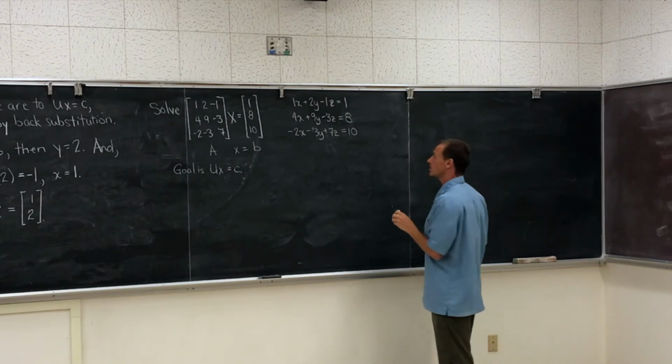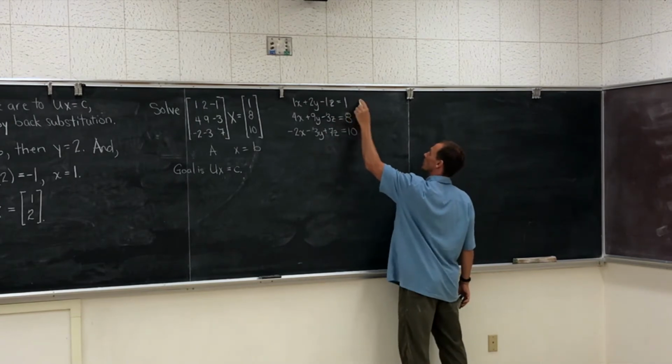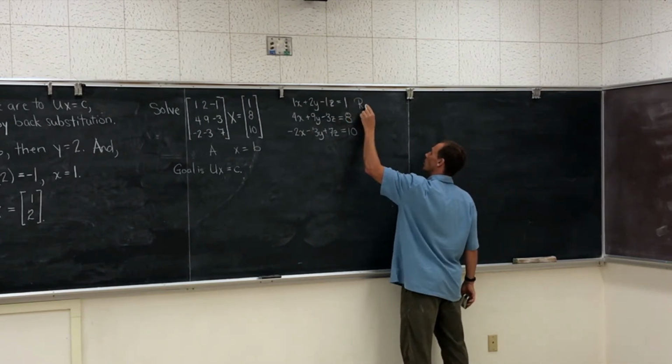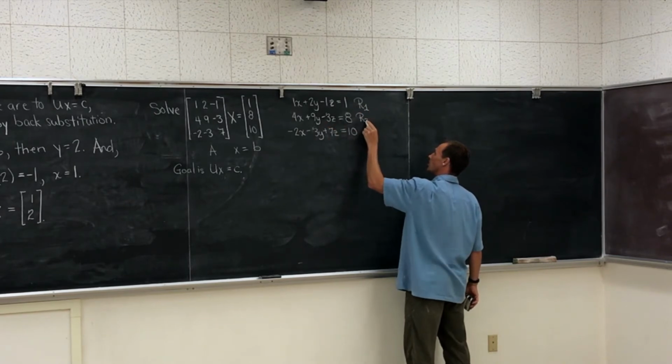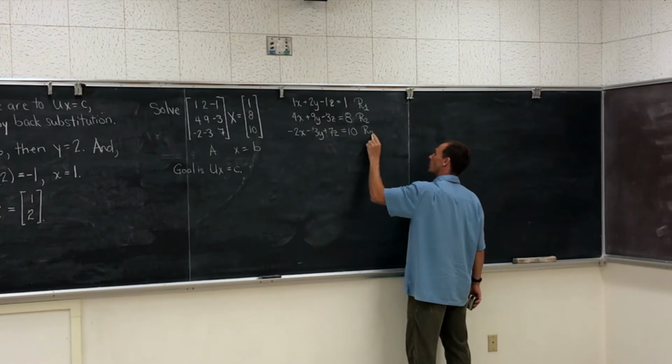Now remember our notation, this first row, that's row 1. This second one is row 2. And this third is row 3.